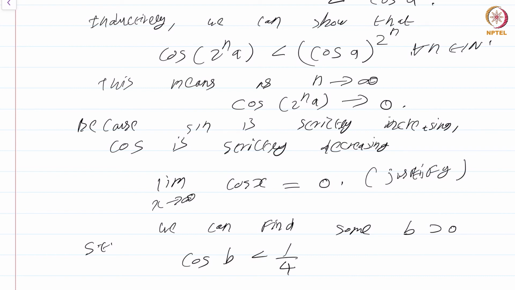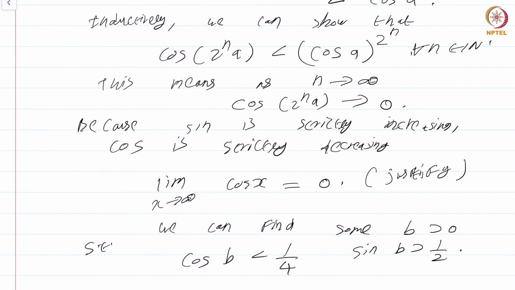And it's clear that whenever cos b is less than 1 by 4, sin b definitely has to be greater than half. In fact, you can get a better bound, but that's all I need. Sin b is definitely going to be greater than half.